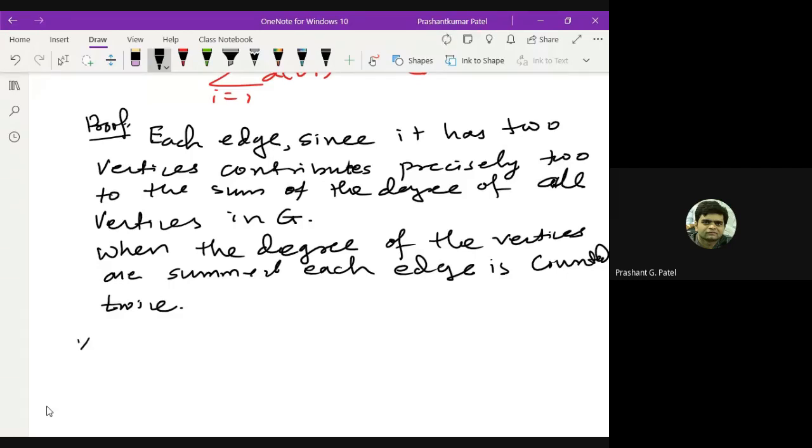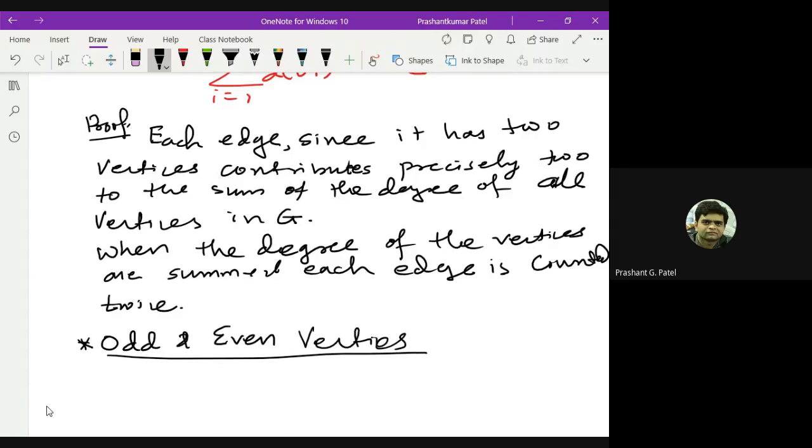The next definition is odd vertices and even vertices. What does it mean by odd vertices and even vertices?